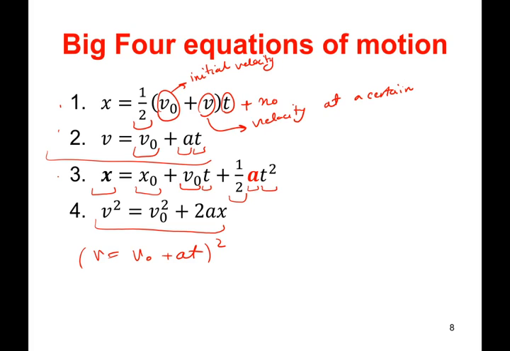Okay, so you're going to have v squared is equal to v naught squared plus a squared t squared plus 2 v naught a t.